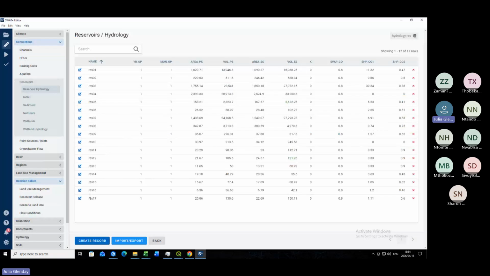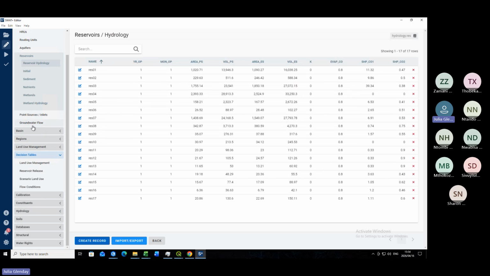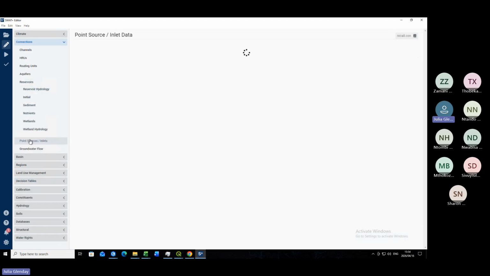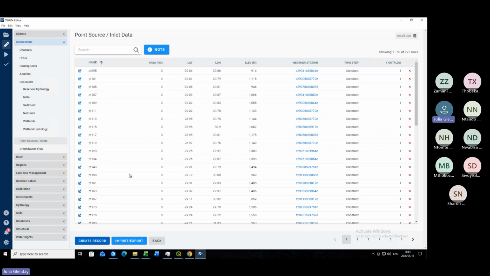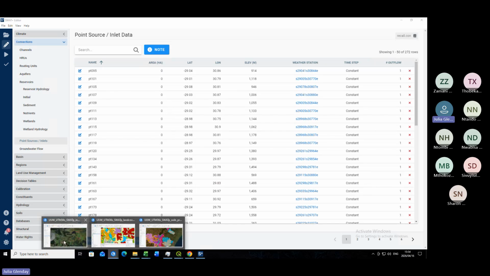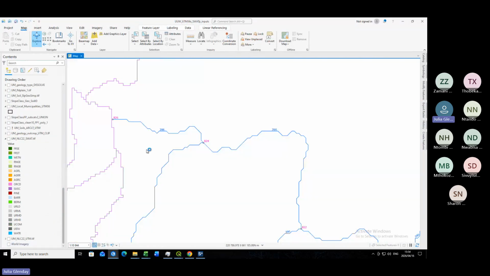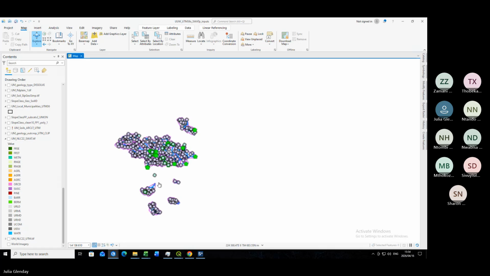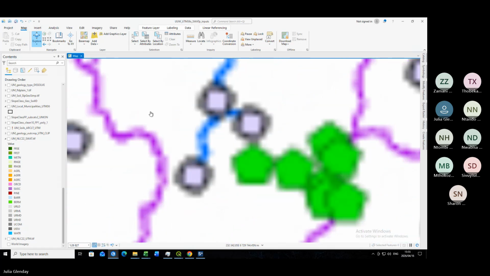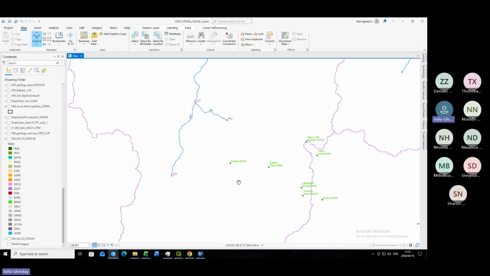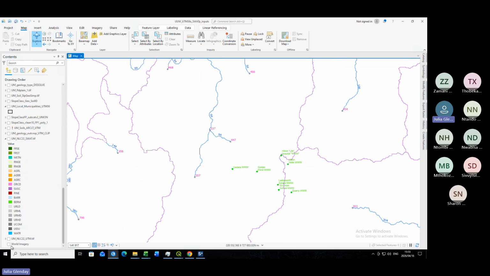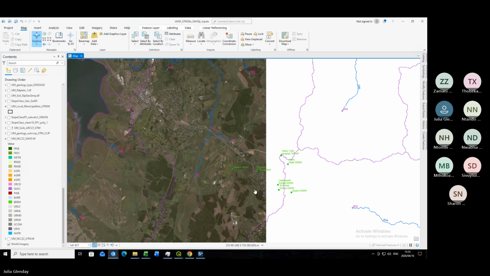So in SWAT, for a point source, if you want to do it daily, it makes a placeholder for all of those points where you could add a point source. If I zoom to one area, for example around Sidara, there's quite a few wastewater treatment works mapped here.